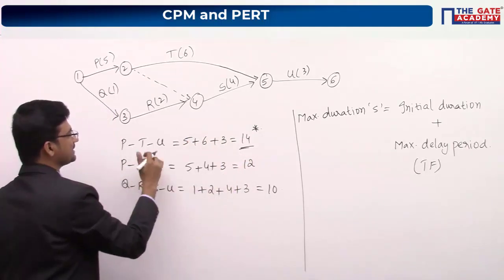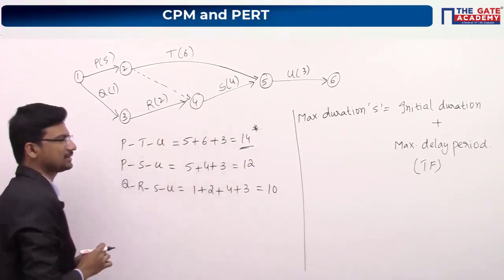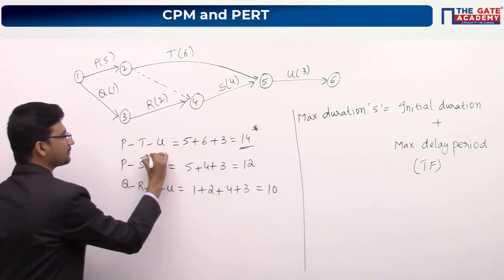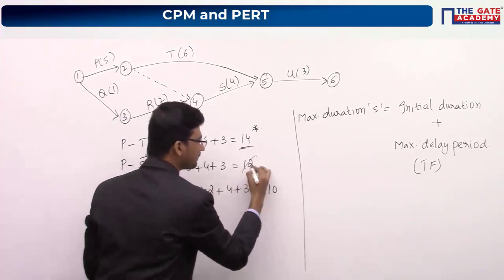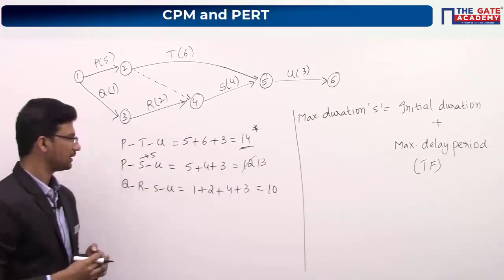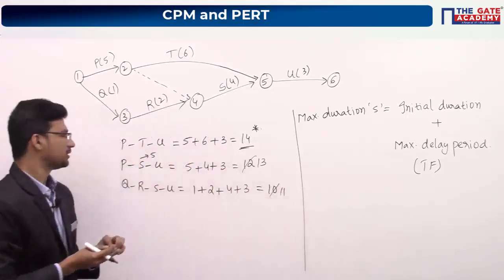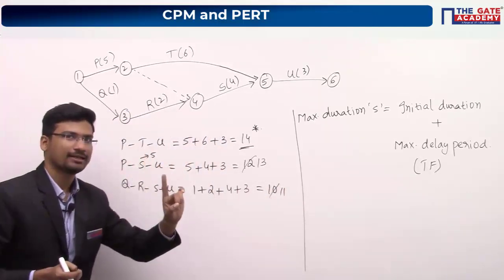Now look at this path. Activity S has a duration of 4 days. What will happen if I make this 5 days? This will become 13 and this will become 11. I am just talking about delaying.